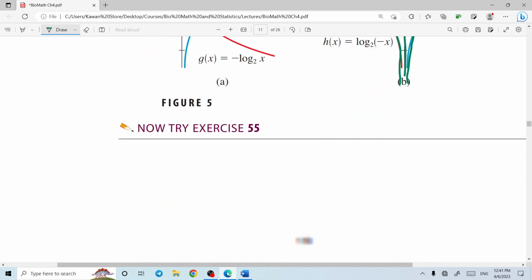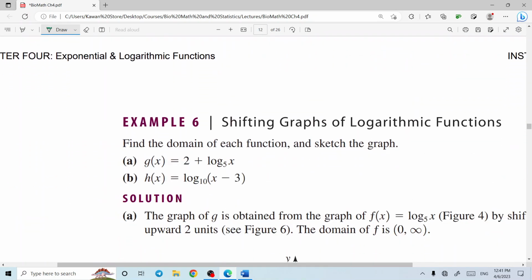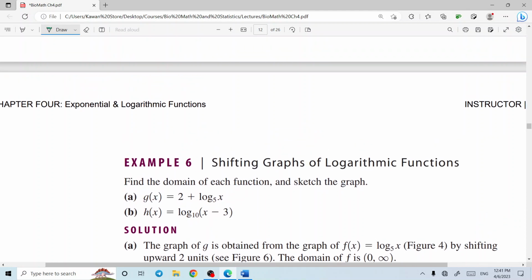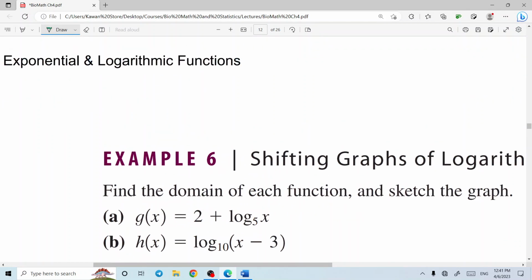And how about the graph of this? Right? 2 units up. So I have a log like that. Tell me, if I put 1, I will get what? 0. So 0 plus 2, I'll get 2.